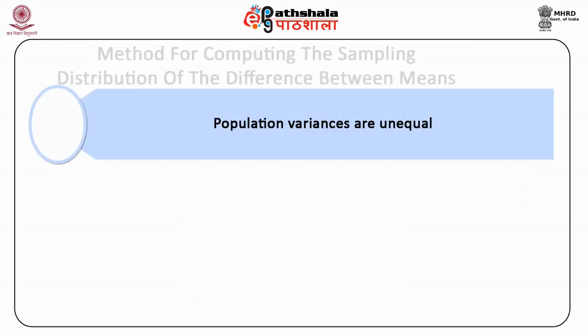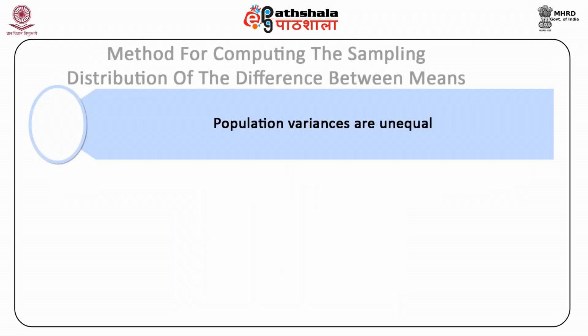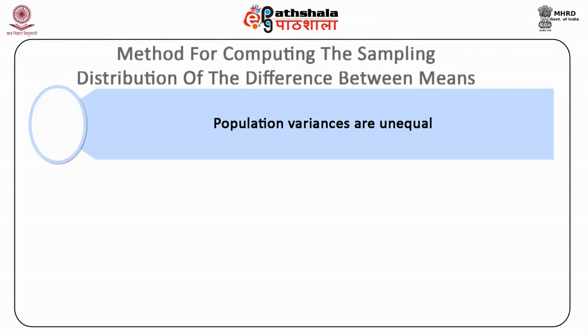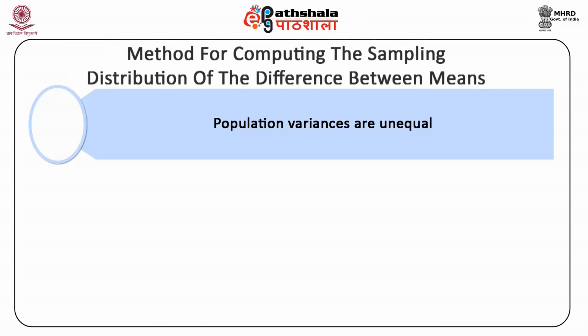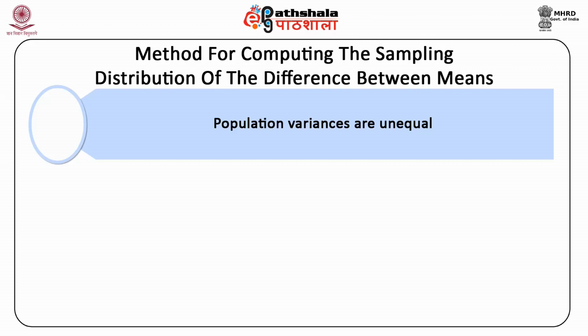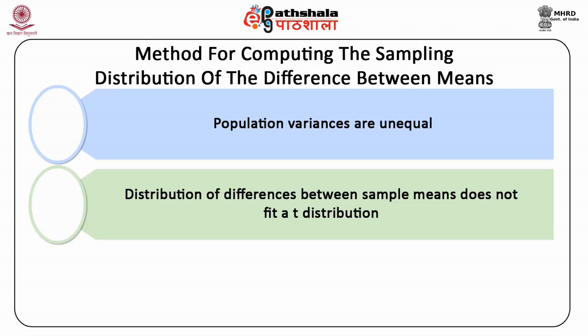If the population variances are unequal or there is no evidence to assume an equality, the procedures described above do not apply directly, because the distribution of differences between sample means does not fit a t-distribution with n1 plus n2 minus 2 degrees of freedom.